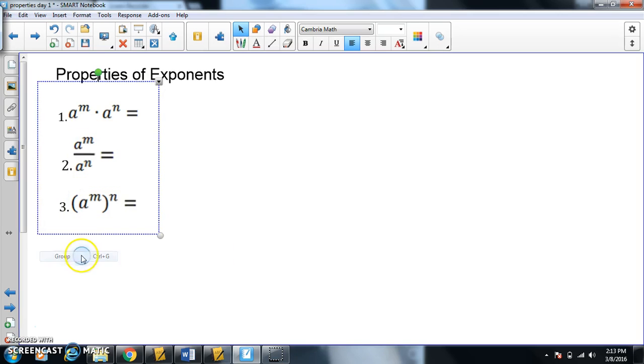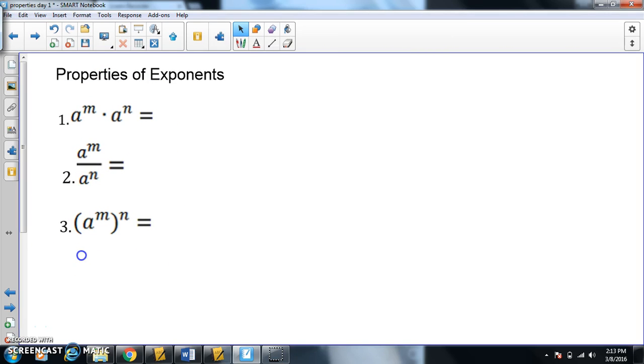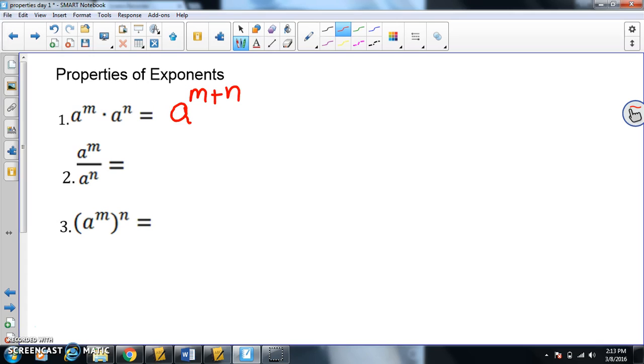So, if we have a to the n power times a to the n power, our property of exponent tells us that we add our exponents, so that we would have a to the n plus n power. When we are dividing a to the n power divided by a to the n power, we subtract our exponents and we have a to the n minus n power.